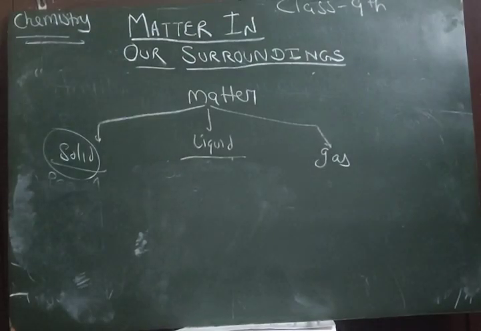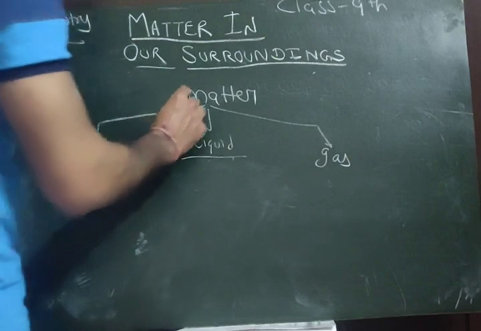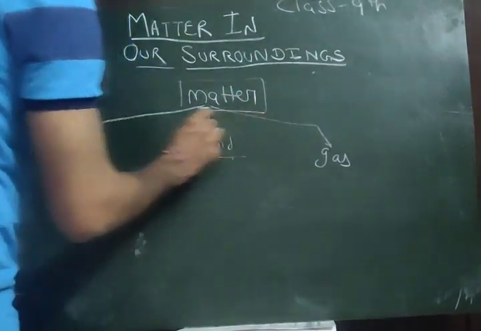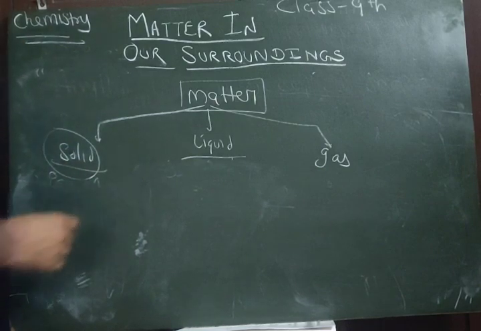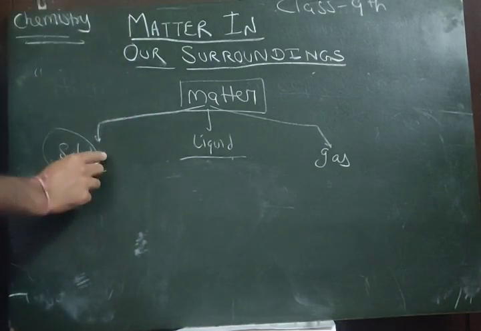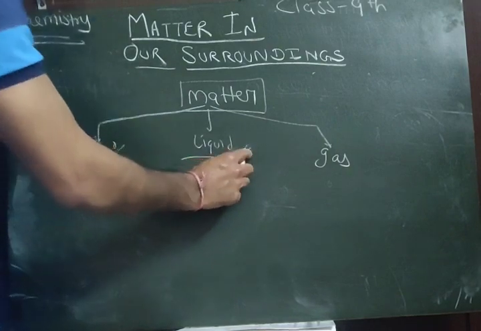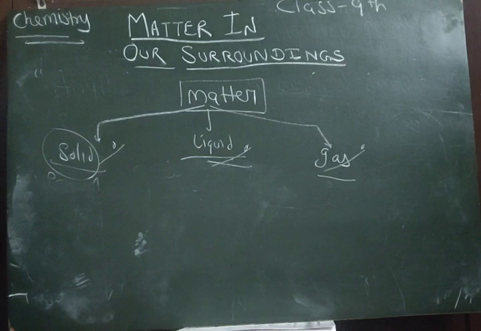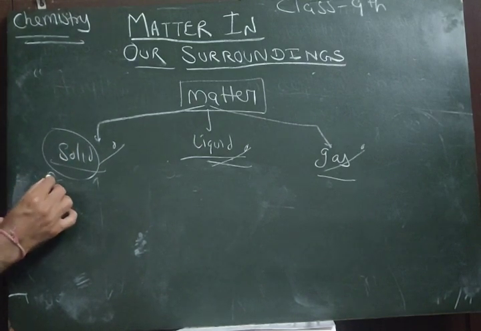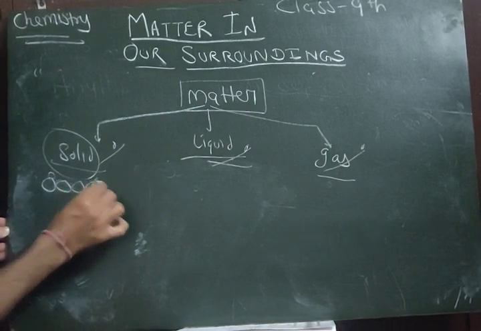Hello friends, the next part is that we have to discuss some examples of matter. Like I have already told you, matter is of three types: solid, liquid, and gases. This is the physical classification of matter, in which we have already discussed the position of the particles.